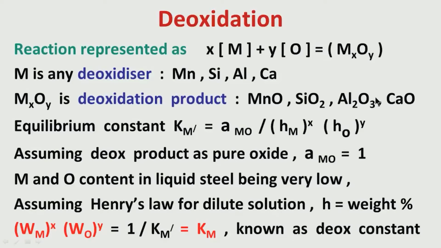Now, as I have told you, this a_MxOy can be assumed to be 1, and h_M and h_O, the activities of the particular deoxidant, for example aluminum, and of oxygen in liquid steel, since these are present in very small amounts, assuming Henry's law, can be taken as equal to their weight percent.